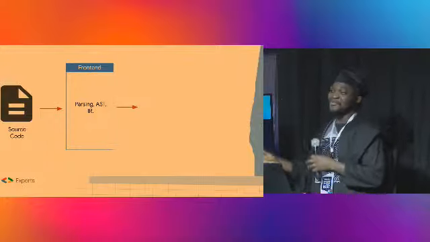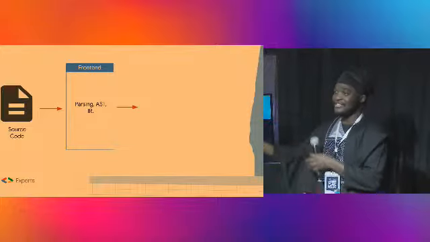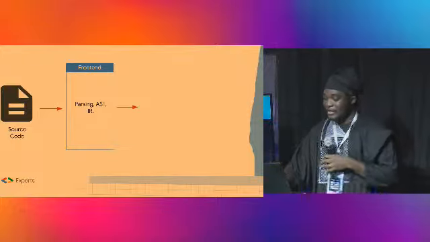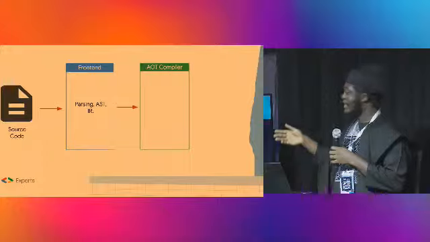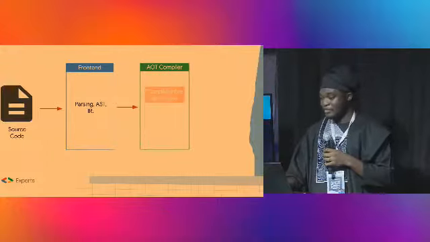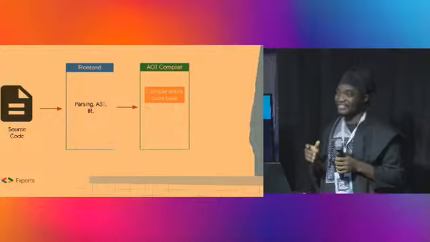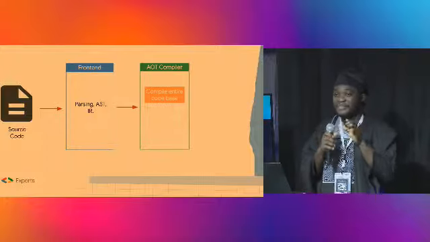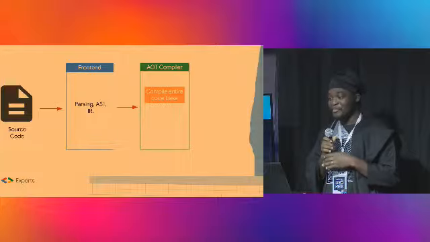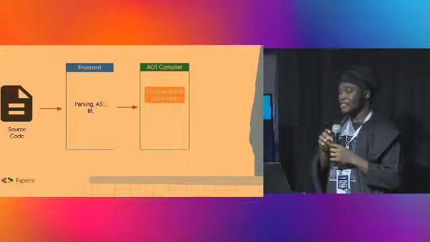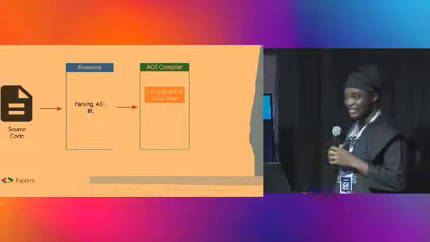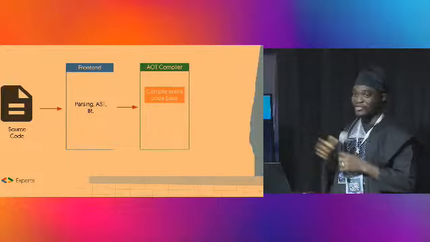Your code has to go to the front end of the compiler before getting to the Dart VM, which is the backend. And when it gets to the AOT compiler, the AOT compiler compiles the entire code base. The JIT compiler compiles bit by bit as you need it, right? But the AOT compiler, on the other hand, compiles all the code at once to machine code.